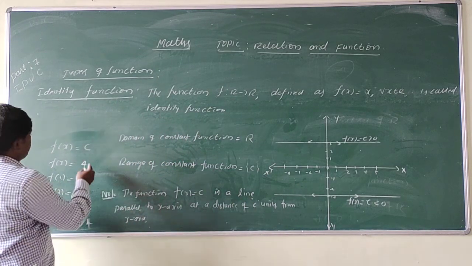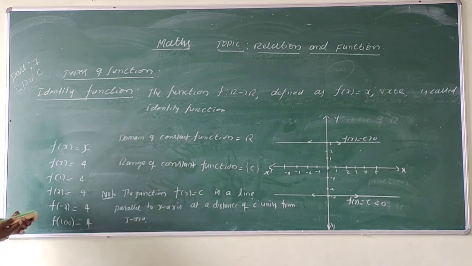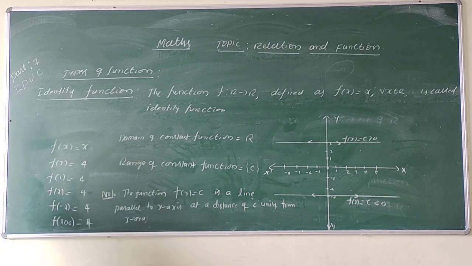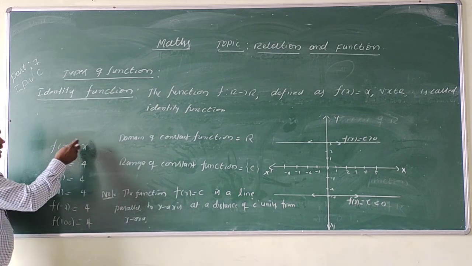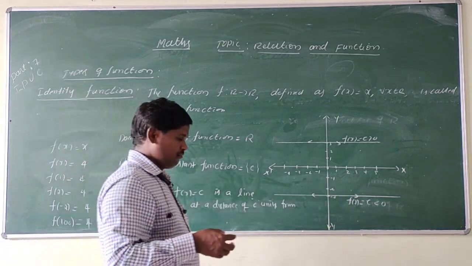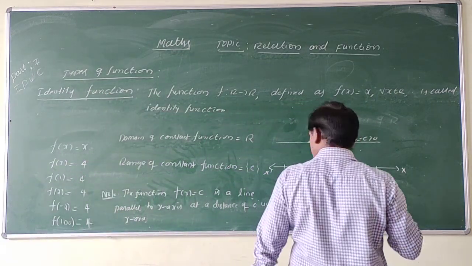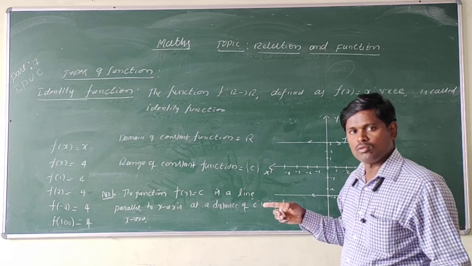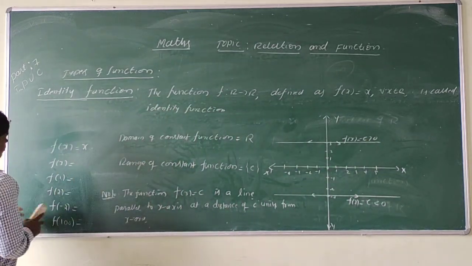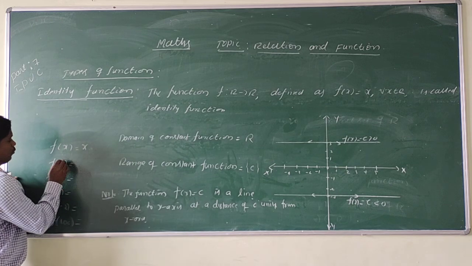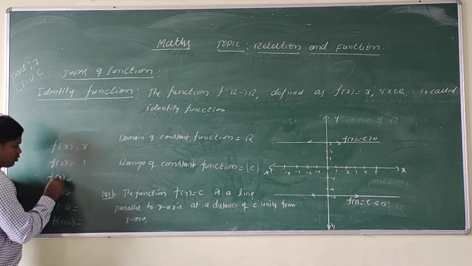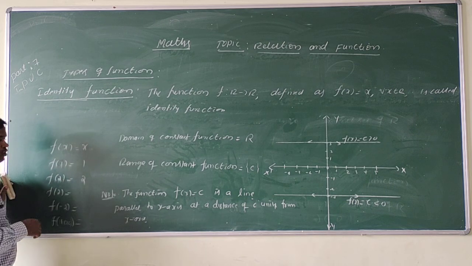So f of x is equal to x. I have put any real value, and the output is also a real value. If I am putting x equal to 1, then the output is also 1. If I put x equal to 2, then the output is also 2.